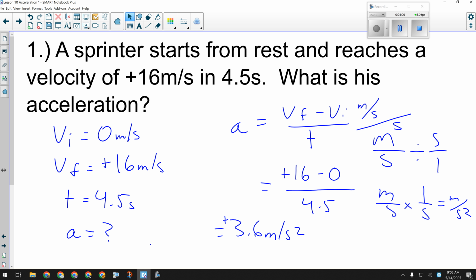Does that make sense? That's why we did this here. If I divide these two, I have to flip that and multiply, right? So the seconds are on the bottom together. They don't divide; they multiply. In this case, it's okay to memorize that the units for acceleration are meters per second squared. That's okay.